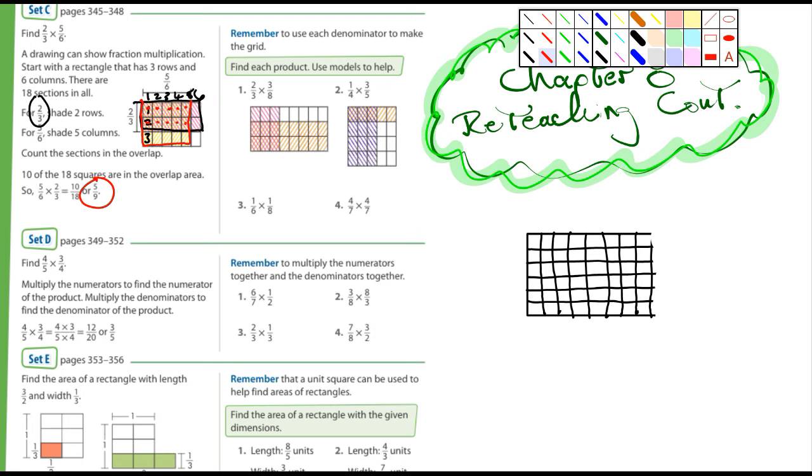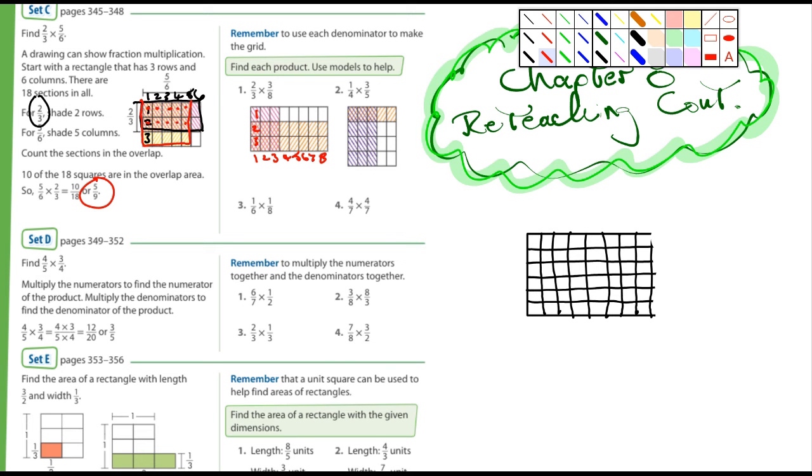So then they say, find each product, use models to help. You don't have to use models, but if it helps you, then go ahead and do it. And look at the first one here, number 1. They modeled 3, 1, 2, 3. And then they modeled 8. 1, 2, 3, 4, 5, 6, 7, 8.